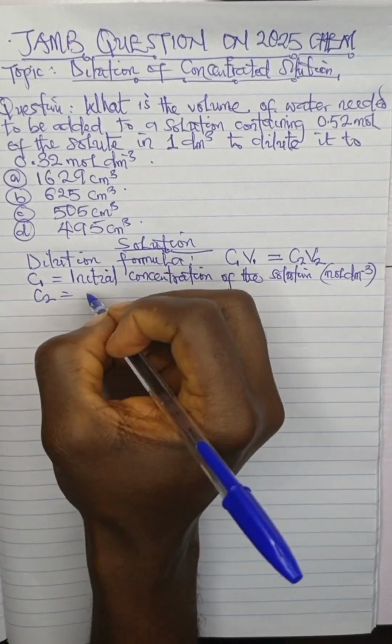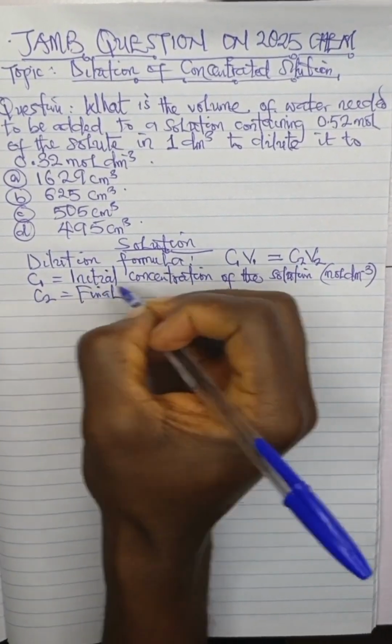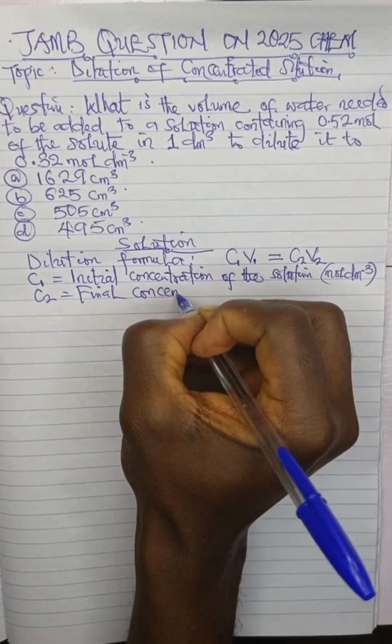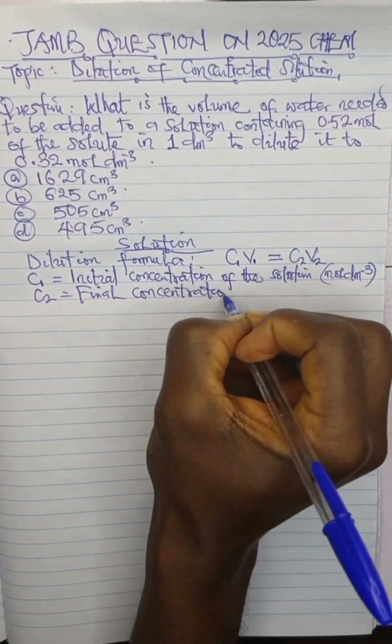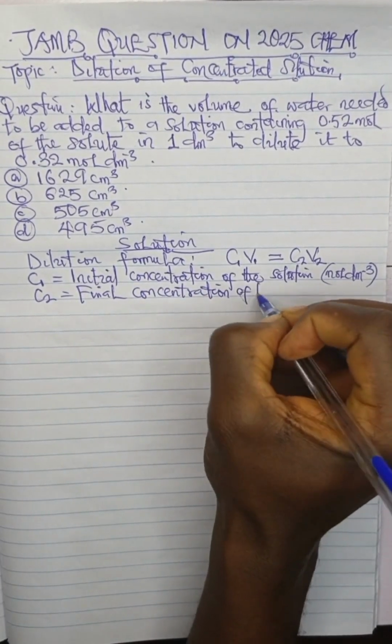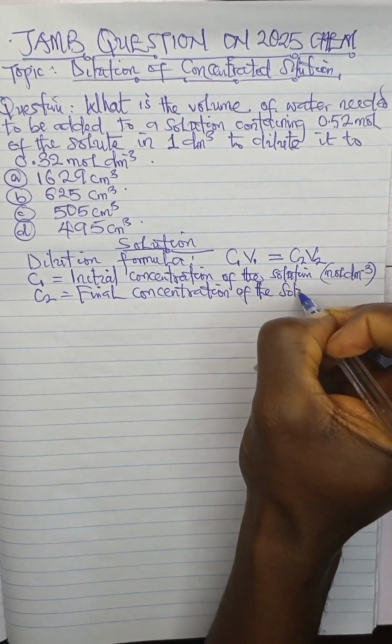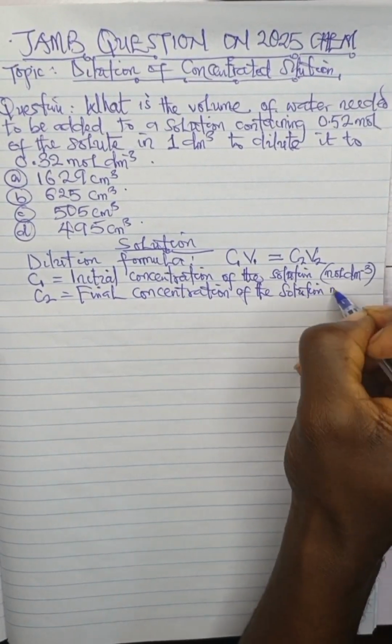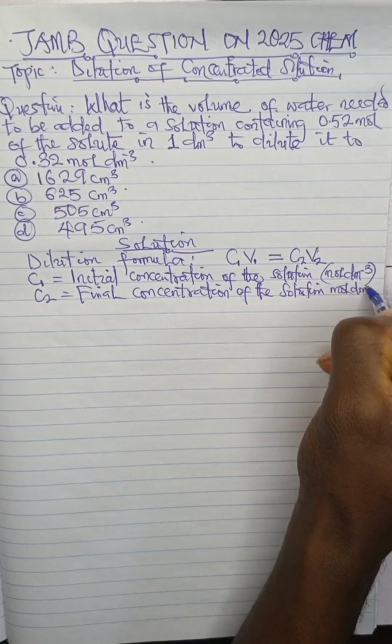C2 means the final concentration of the solution in mole per dm cube.